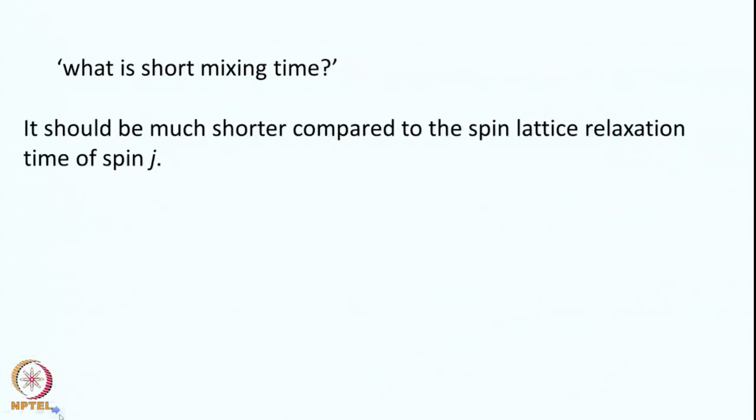A short mixing time should be much shorter compared to the spin lattice relaxation time of spin j. You know spin lattice relaxation time comes from inversion recovery. If you invert spin j, the time it takes to come back to equilibrium is called the T1 time, or spin lattice relaxation time.